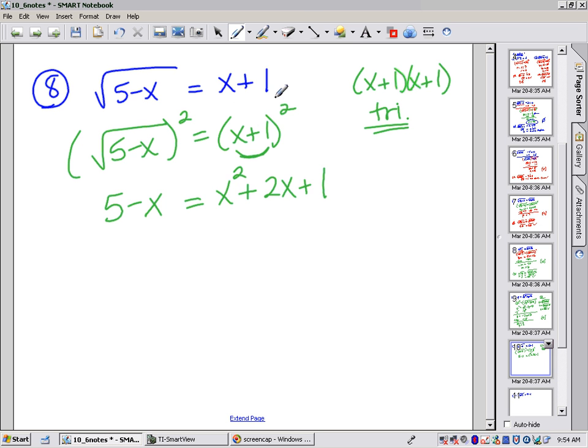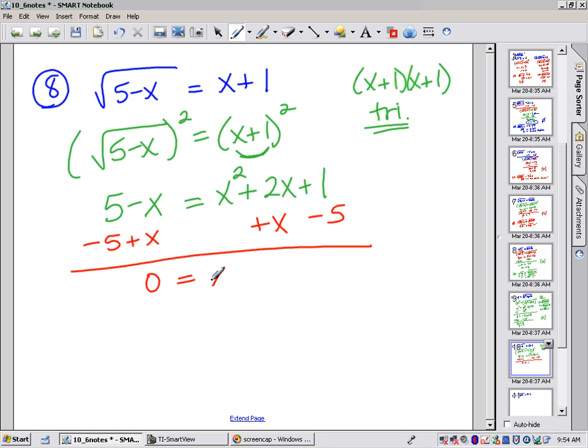So we would need to subtract 5 and add x to both sides. And that's going to give us 0 is equal to x squared plus 3x minus 4. And remember, to factor this trinomial, we have to look for the factors of 4 whose difference is 3, which would be 4 and 1.